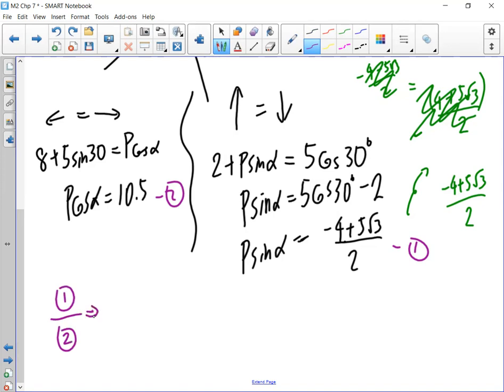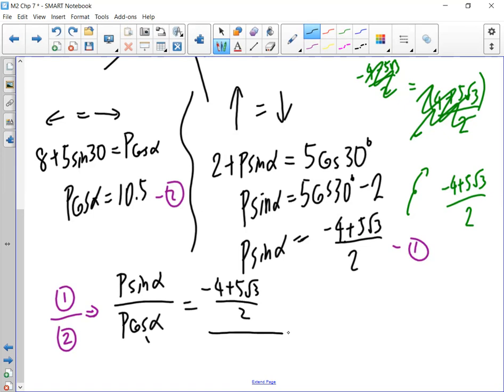Equation 1 is p sine alpha divided by the left-hand side of equation 2, p cos alpha. On the right-hand side, we've got -4 plus 5√3 over 2, divided by 10.5.